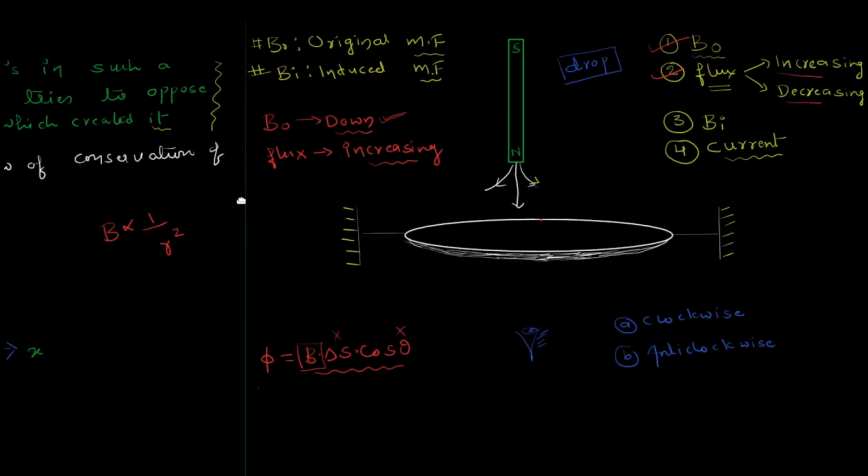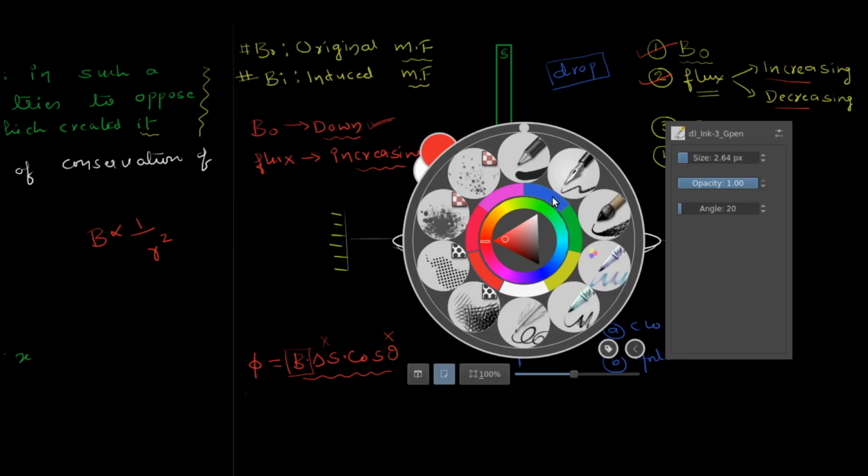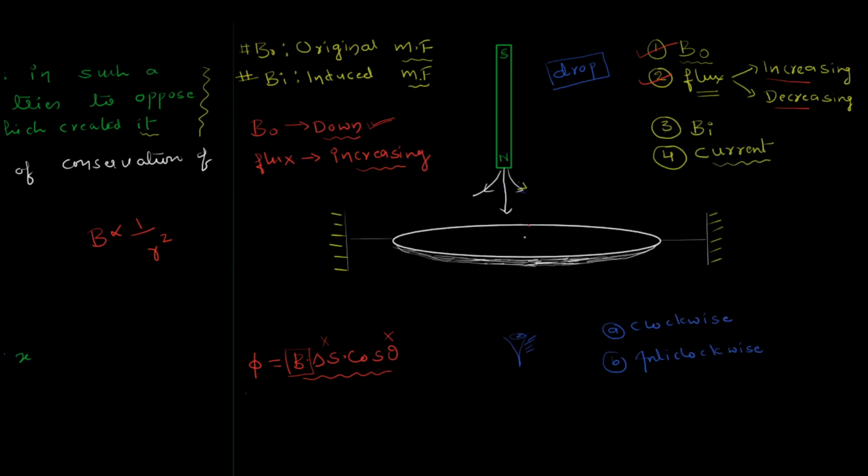So here the flux is increasing, meaning the flux due to the induced EMF should try to oppose this. That means it should try to decrease this flux, and it can do that if and only if the induced current gives a magnetic field in this direction. That means this is going to be the direction of the induced magnetic field.